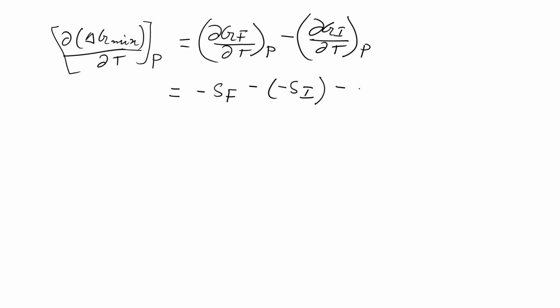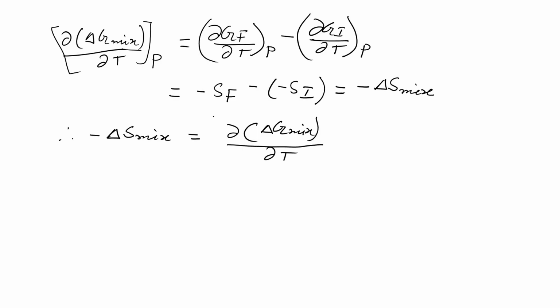This equals minus delta S, the change in entropy of mixing of ideal gases, that is minus delta S mixing. Therefore minus delta S mixing equals dol of delta G mixing by dol T at constant pressure.